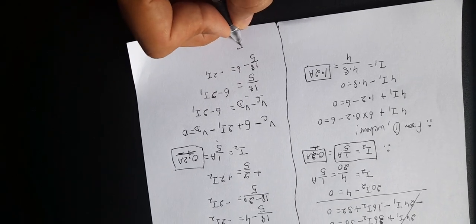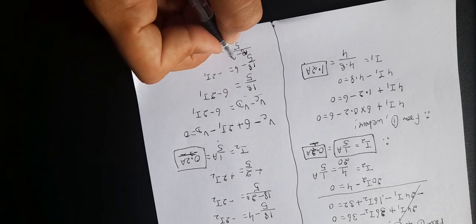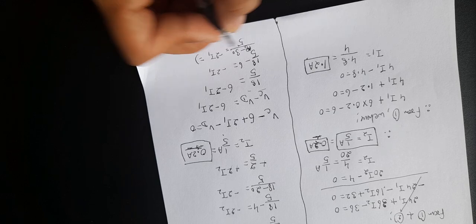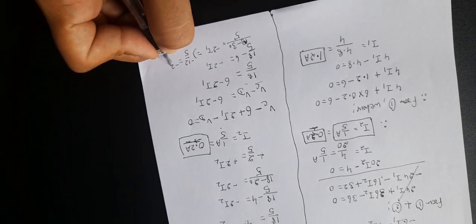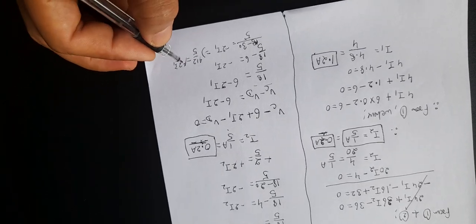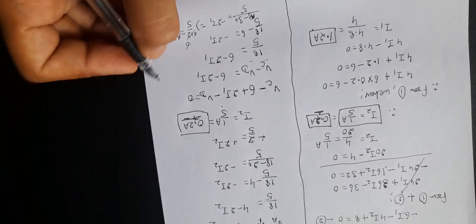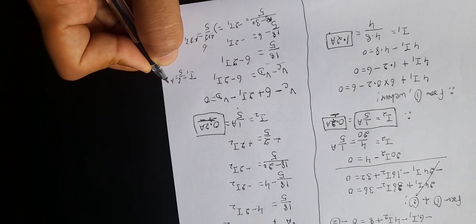If you take LCM, 18 minus 30 equal to minus 2I1, and this turns out to be minus 12 upon 5 equal to minus 2I1. Now minus cuts with minus, 2 ones are 2, 2 sixes are 12. I1 turns out to be 6 upon 5, which is again 1.2 ampere.